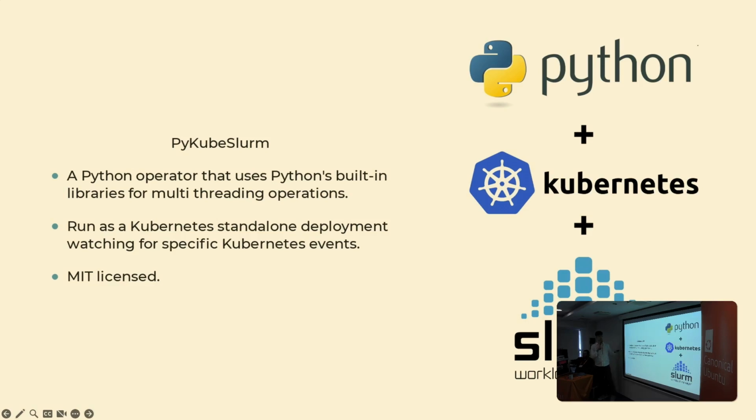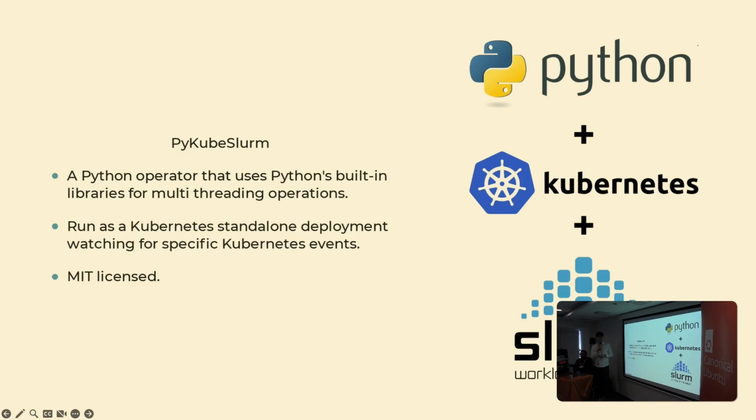So this is why this tool, which I named PyKubeSlurm, comes into place, which is essentially a Python operator built on top of Typer, which is a CLI tool, and threading to run multi-thread operations, which I will detail a little bit later.